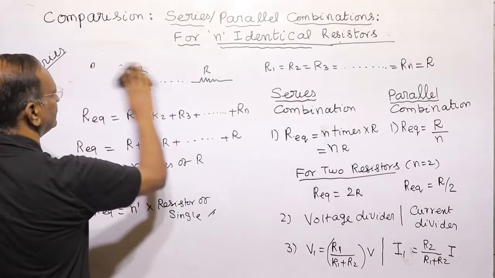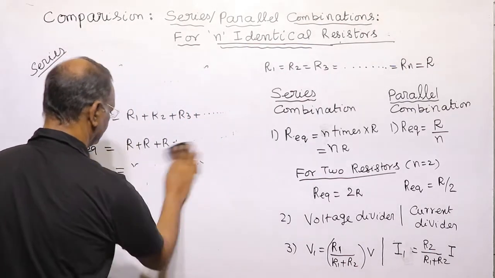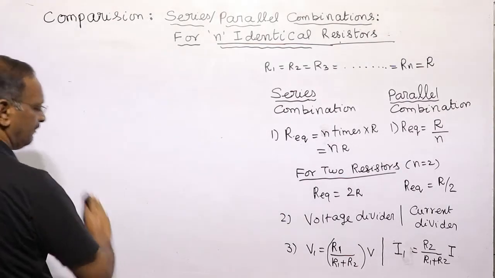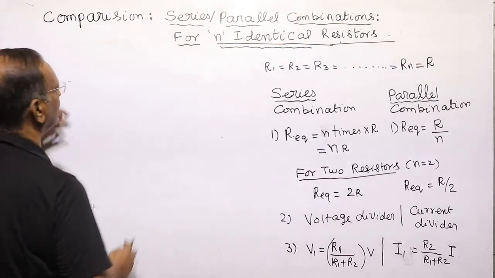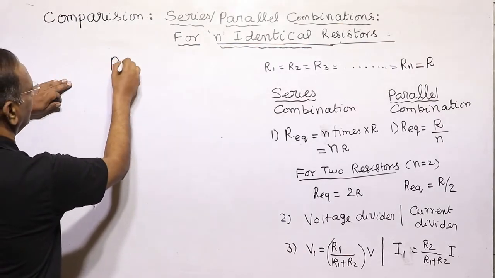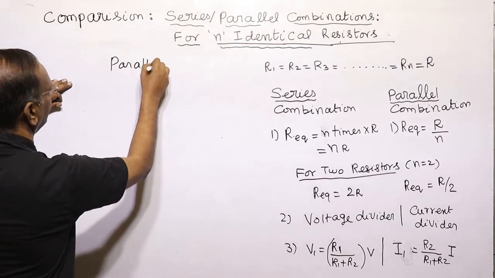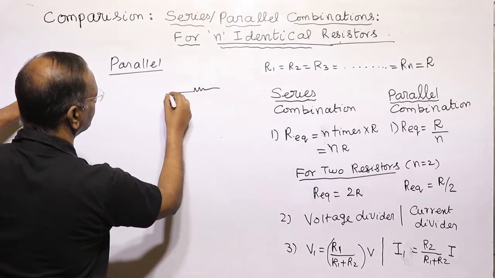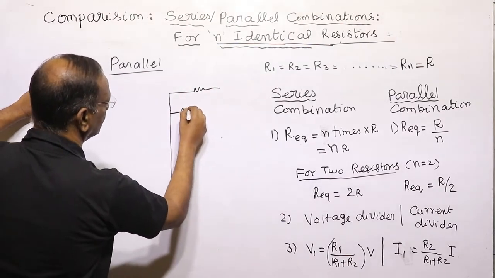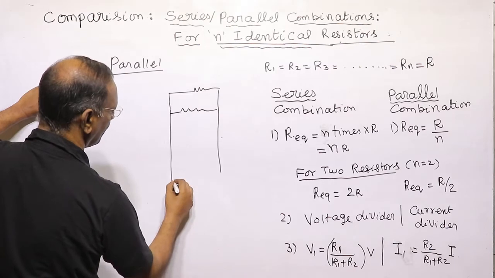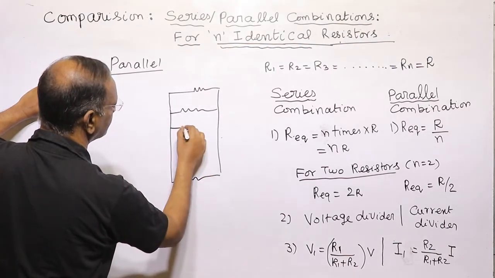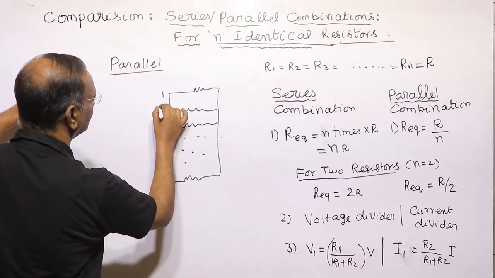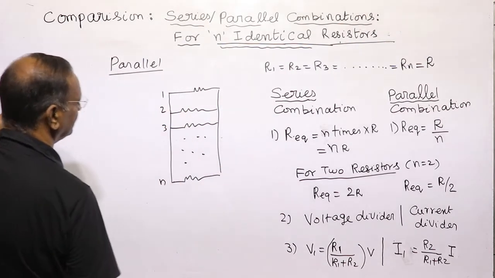In parallel connection, let us see for parallel connection. Now for parallel connection, suppose we connect n number of resistors in parallel. So parallel combination, so we are connecting 1, 2, 3, like this up to n. 1, 2, 3 resistors, n resistors.